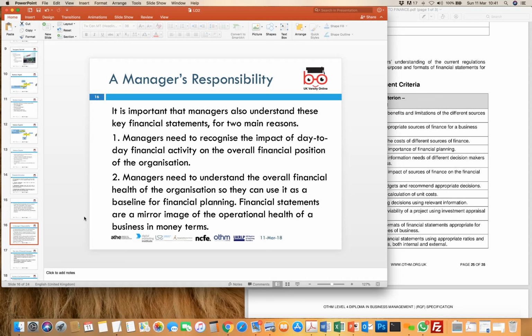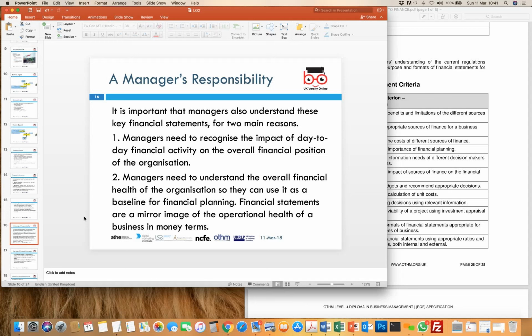What we are going to look at now are the reasons of how this is used for decision making. Before we do that, we want to understand the role and responsibility of a person who works within this department as a manager, and what his key roles are to prepare these statements.